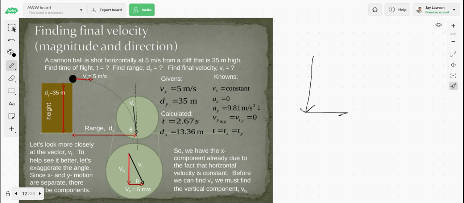Look over here to the right. If I could draw a picture. What this does is it creates a right triangle, okay? So where we have VFY and VFX.